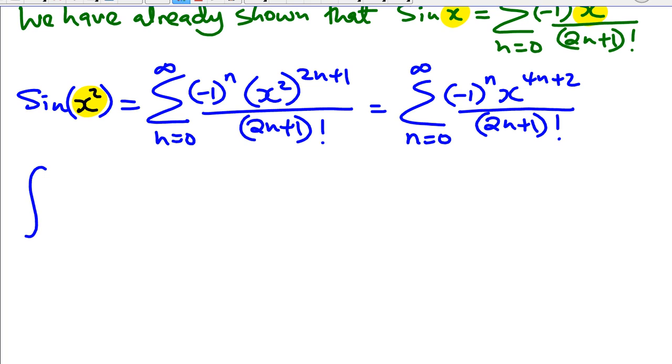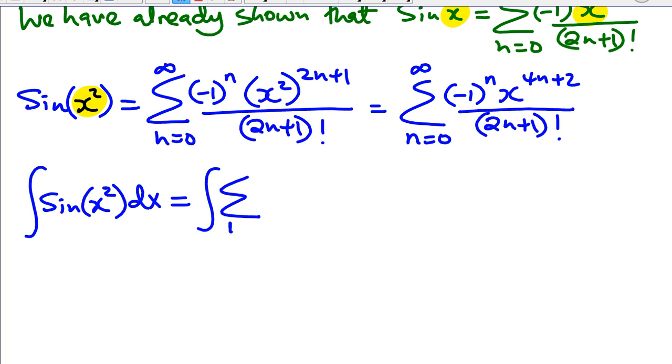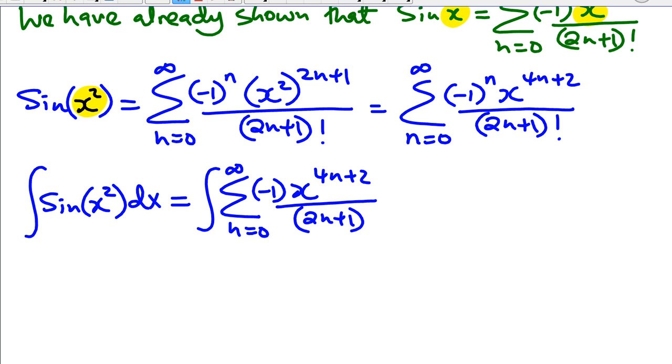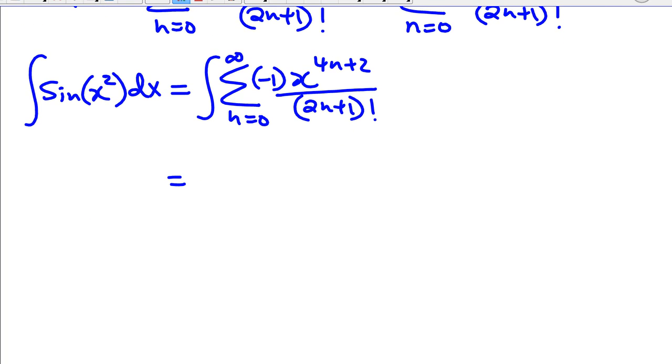So the integral of sine x squared dx will be equal to the integral of this summation. I'll write it below here. Move the integral sign inside the summation sign and factorize a few things to make it easy for us.